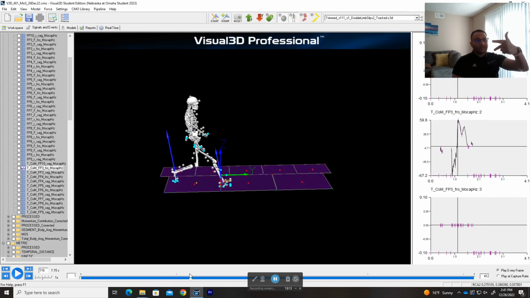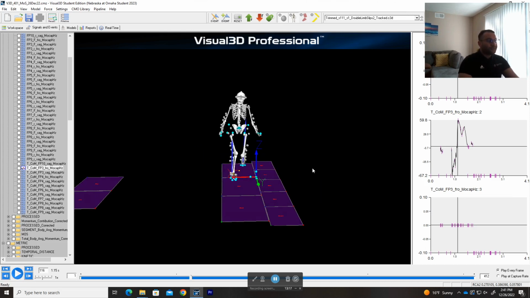the signs are like this. When you look at it from the front, the z is going up, the x is going laterally, and then the y is going this way. So when you look at it this way, clockwise rotation will be negative.